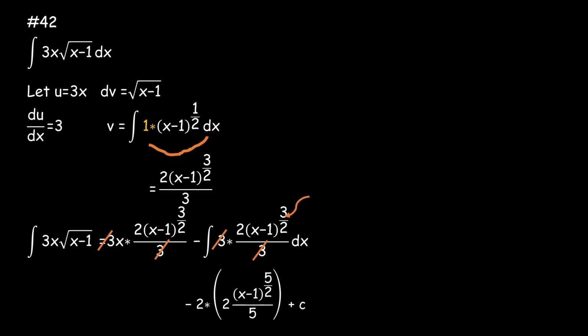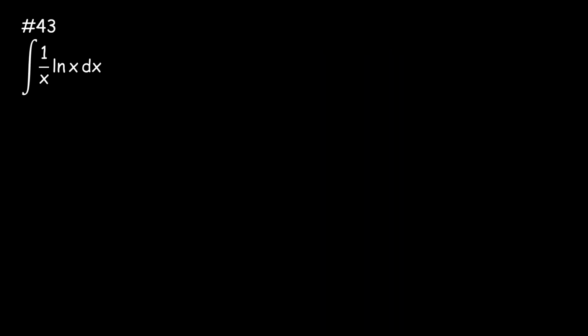So we're going to get 2 times x minus 1 to the power 5 over 2 all over 5 over 2, but then that gets reversed, so it's 2 over 5, just like this, right? And if we simplify it, we will get the integral of our original question to be 2 times x minus 1 to the power 3 over 2 minus 4/5 of x minus 1 to the power 5 over 2 plus c.